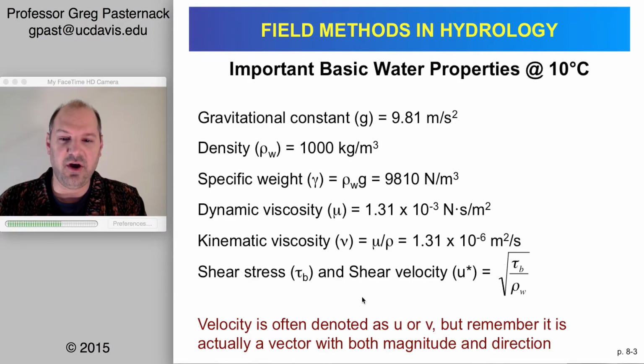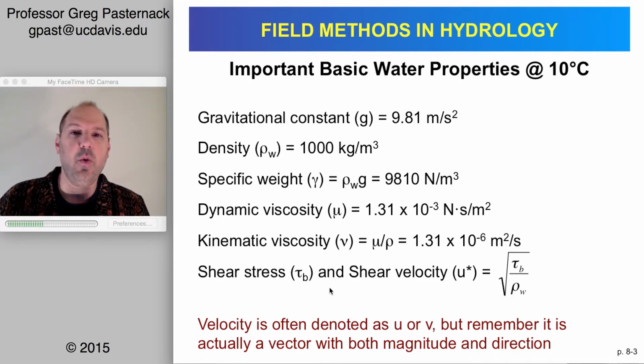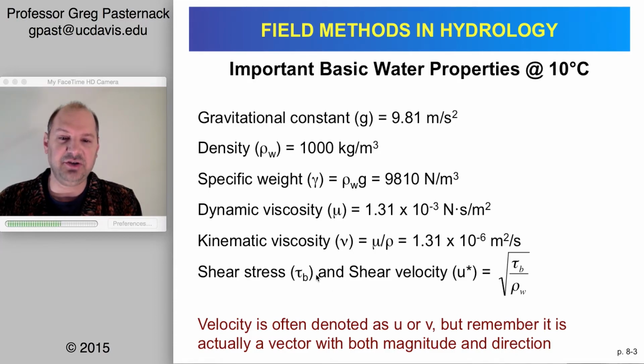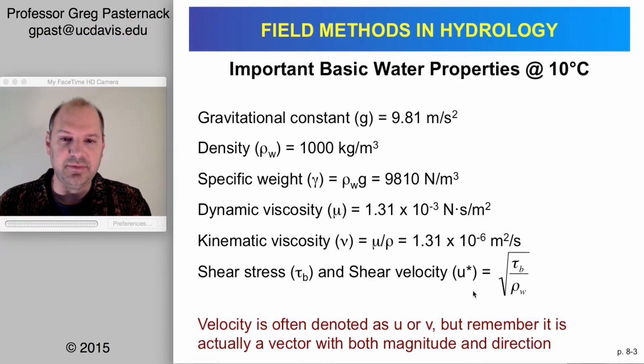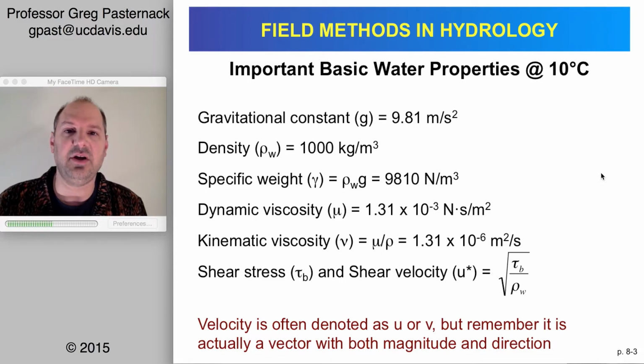And then the variable shear stress, which is a representation of the effects of friction at the riverbed water interface. And shear stress can also be given in units of velocity. If you take shear stress and divide it by the density of water, take the square root, it will give you units of velocity, so we call that shear velocity. So those are some basic numbers. Some of these are temperature sensitive, so you have to be mindful that depending on where you're working, you might have to look up alternative values. But these are fairly common numbers that we use.